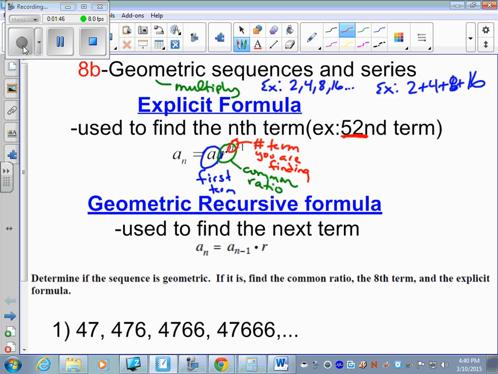And then a sub n, that is just notation. You just put a sub 52. This is just the value of the term you are finding.